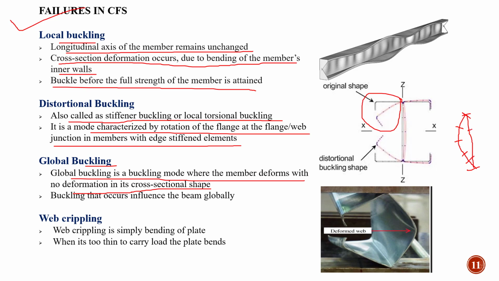This will be as initial as the column. Only the entire column will buckle as a beam. And web crippling is simply the bending of the plate when it's too thin to carry the load. So you can see here the web got buckled.